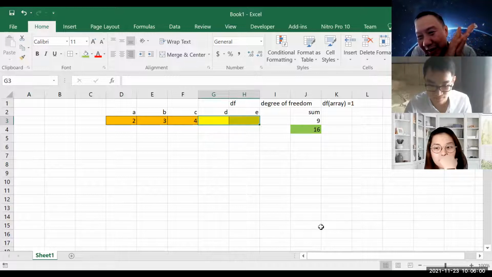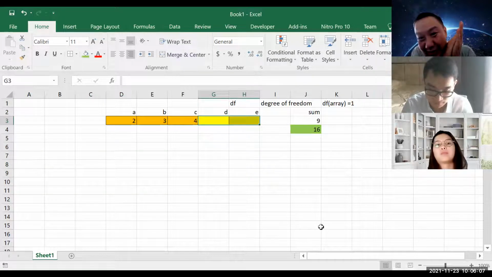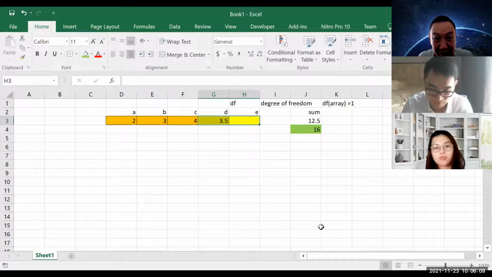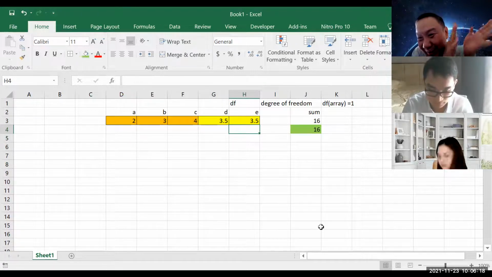More likely, you will say, okay, then I assume equal, correct? So that is 3.5 and 3.5. Correct or not? 3.5 and 3.5.